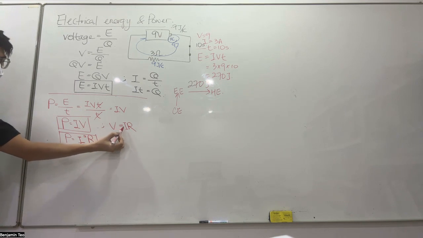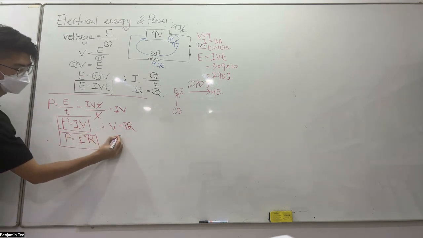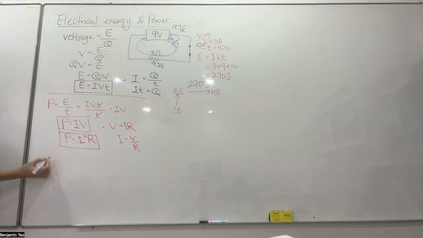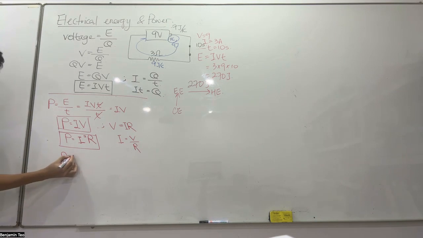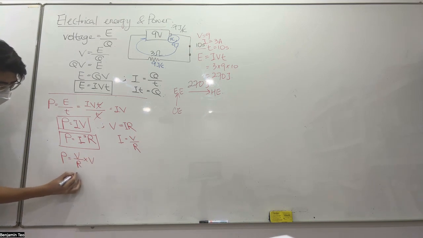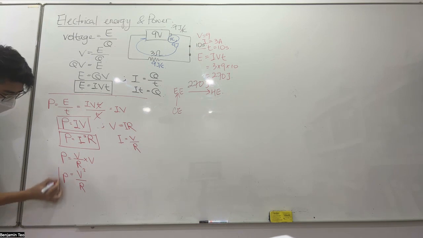If I put I inside here, I equals V over R, then P equals V over R times V, which equals V squared over R.